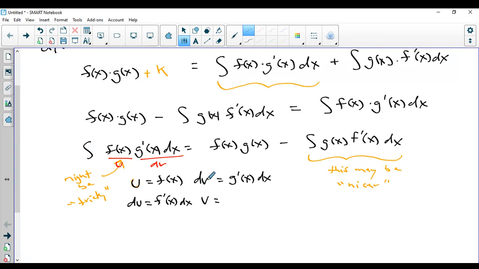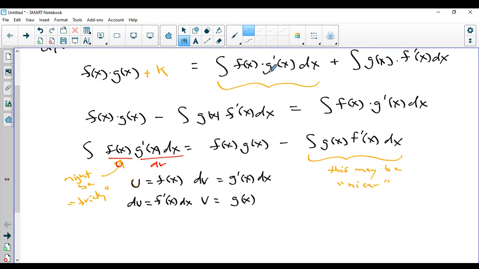We haven't had to do that. That seems a little weird. And hopefully you're saying you're going to have to integrate, right? So now I have to integrate. To get v, I have to think, do I know a function whose derivative is going to be g prime? The answer is you do. It's going to be g of x. You can see the du has the dx, the dv has the dx.